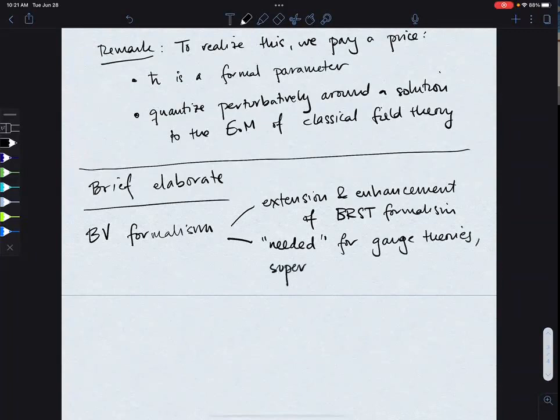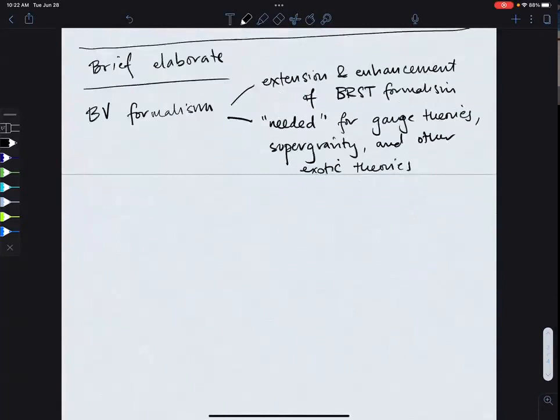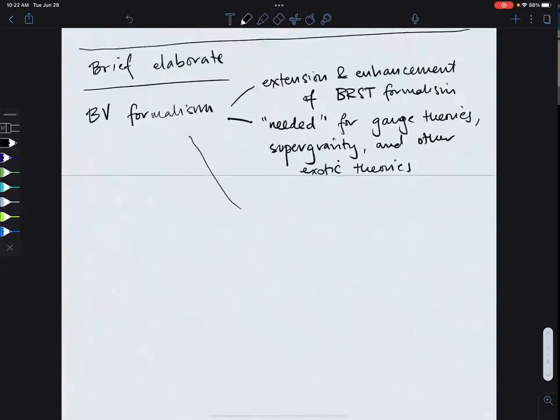If you want to do something like supergravity, which I think was a motivator for Batalin and Vilkovisky, and other maybe exotic theories. But you can, of course, apply it to any Lagrangian field theory you like. It's a formalism that is quite general. A crucial thing about it, if you've ever seen BRST, you'll be expecting this, is that it uses homological algebra.